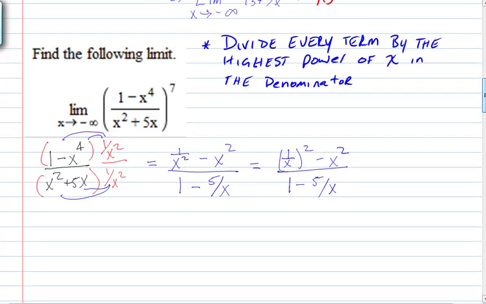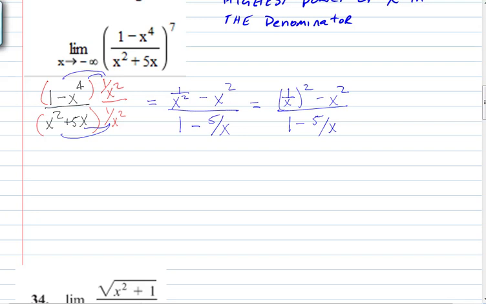So this would be equivalent to looking at the limit as x approaches negative infinity of 1 over x squared minus x squared over 1 minus 5 over x.